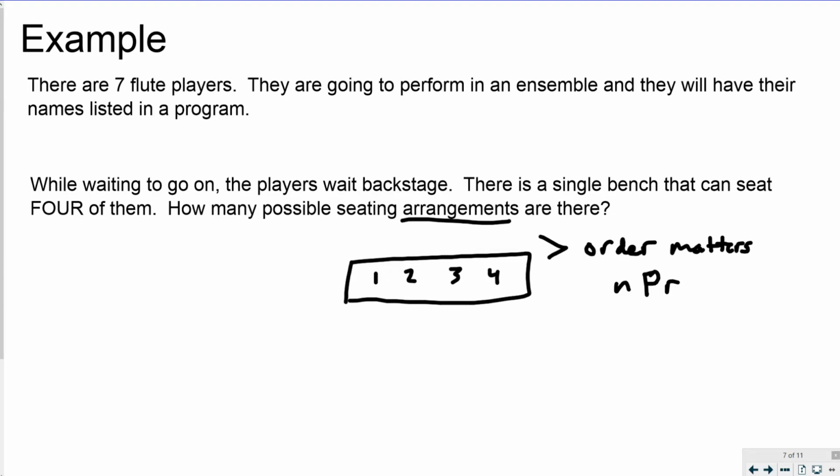So I have 7 flute players, so n equals 7. And 4 of them are going to be chosen to sit down on the bench. So I can then put the formula in: 7 nPr 4, which becomes 7 factorial over 7 minus 4 factorial.